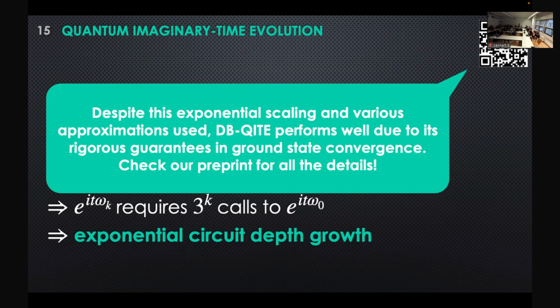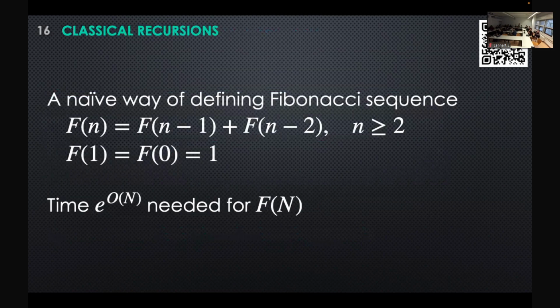Okay. So even classically, we can find very similar recursions. For example, this is the most naive way of defining the Fibonacci sequence. If you've actually tried to write this down in your favorite programming language and run this recursion, you will notice that it takes exponential time to evaluate f of n.